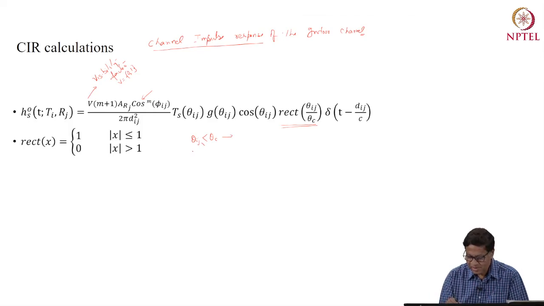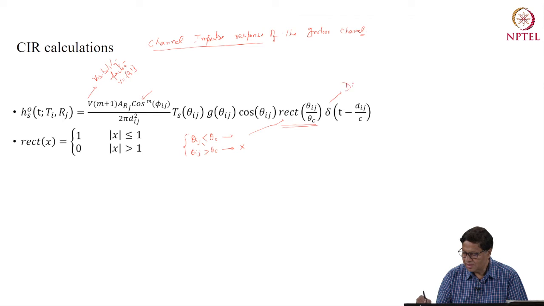And if theta_ij is greater than theta_c, then there is no contribution. It is 0. So this condition, whatever I have described here, is mathematically represented as this rectangular function of theta_ij and theta_c, into the Dirac delta function.